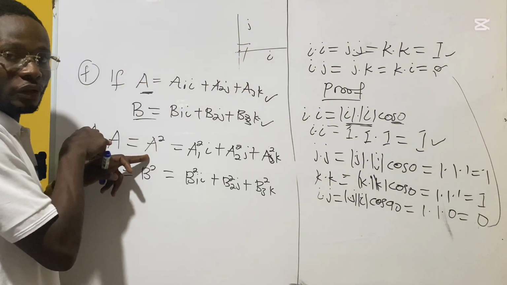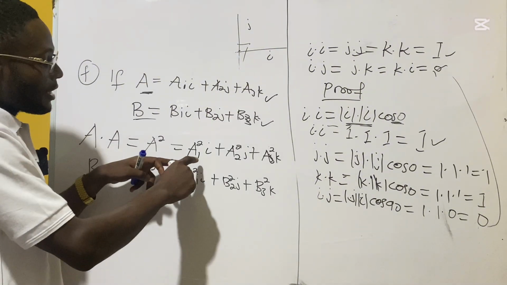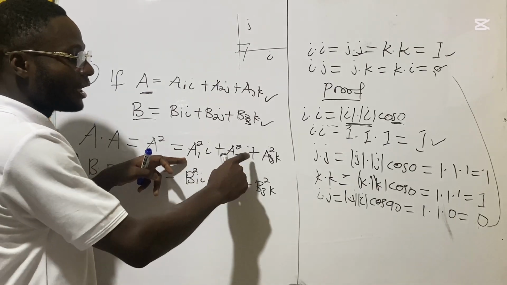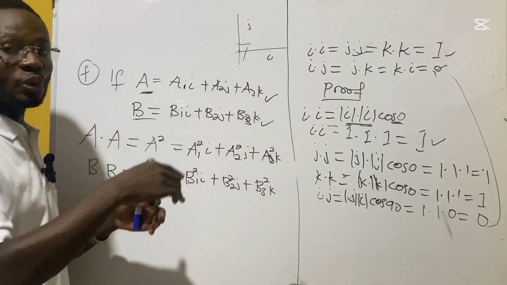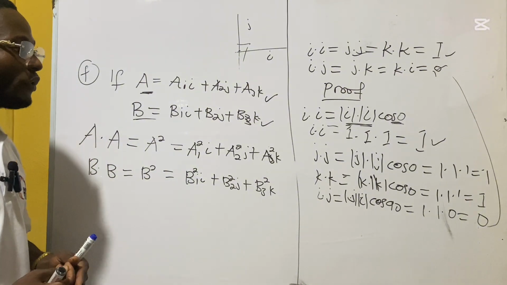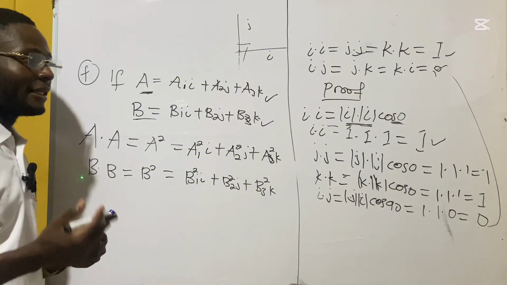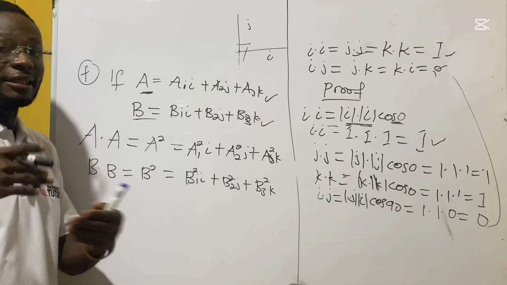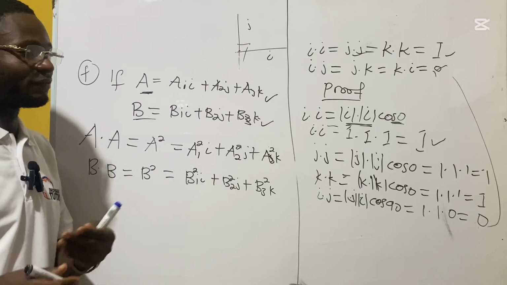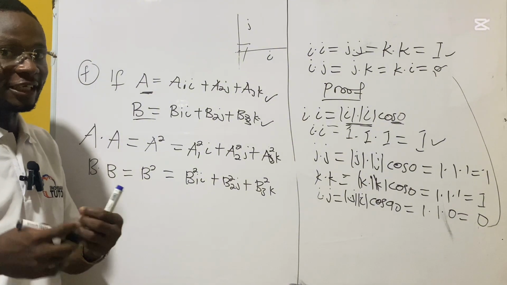So it means that A dot A is equal to A squared. Then you can have A1 squared plus A2 squared plus A3 squared. The same thing applies to the B. Okay, so the next property for us to start handling problems is to make the lesson interactive. We will solve problems to make the lesson interactive.